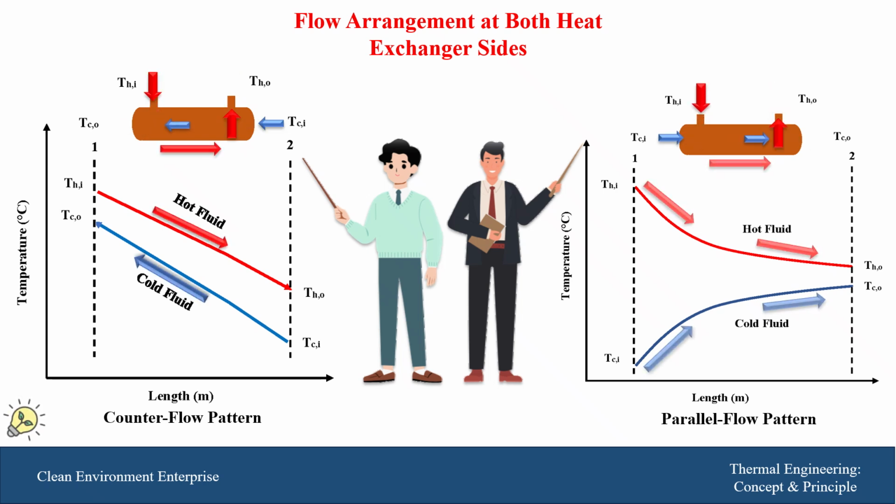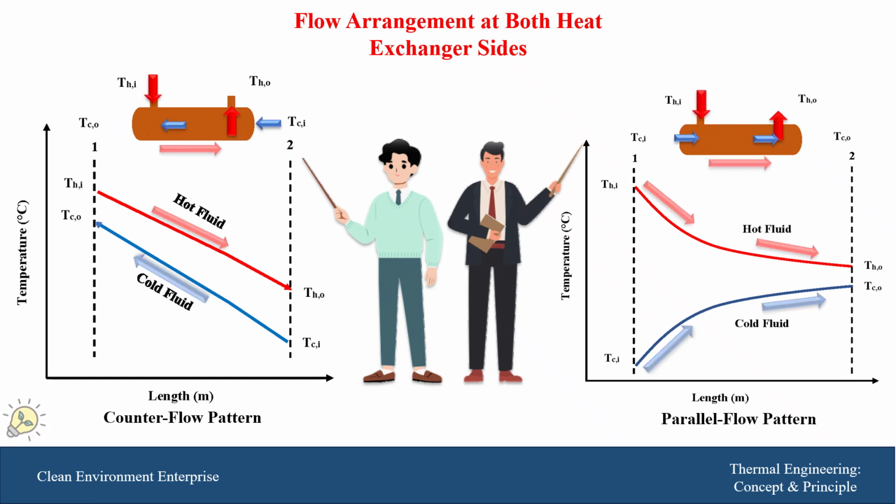So if we talk about the counterflow heat exchanger, if we have a look at the blue line, which represents the cold fluid, it enters at T sub Ci and leaves at T sub Co. And when we have a look at the exit temperature, there is a possibility for it to be higher than the exit temperature of the hot fluid.